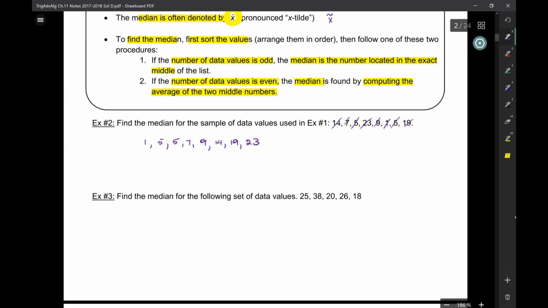Then 1, 2, 3, 4, 5, 6, 7, 8. Eight of them in here. If you go to the middle, these are the middle two. So x tilde is (7 plus 9) over 2, which is 8.